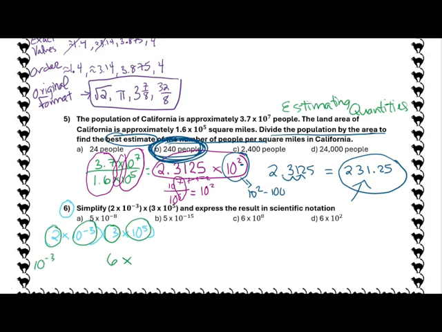Well, I know that if I'm multiplying these and they have the same base, I keep the base and I can add the exponents. So negative 3 plus 5. How much is that? That makes 2. So then that means I have 6 times 10 squared.